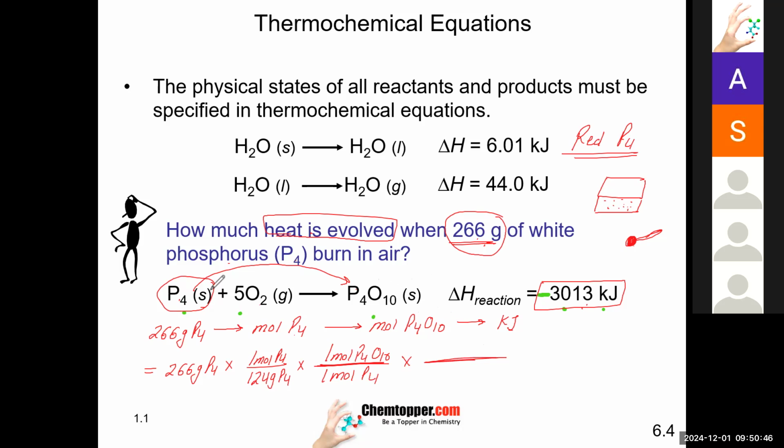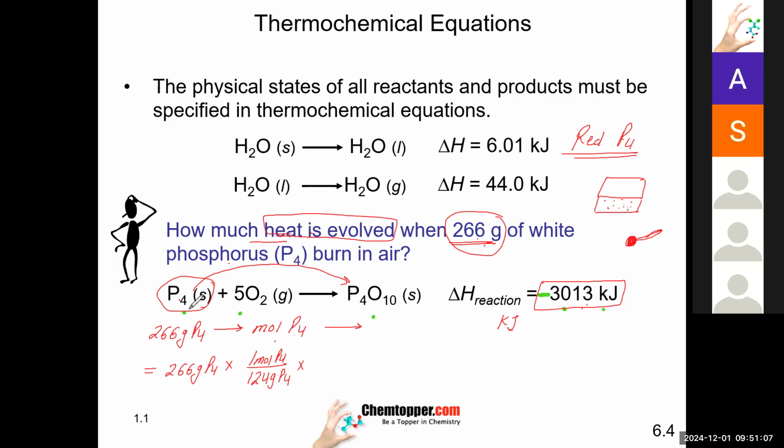Now I want to go from moles of, oh, I think I don't require this. I can skip it. I don't require this, children. I can go straight to kilojoules. They're asking how much heat.